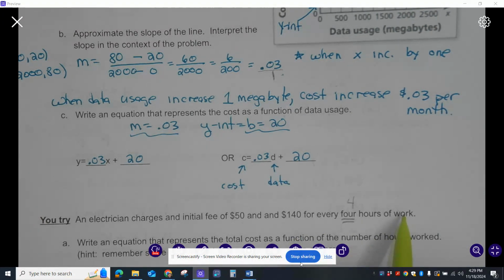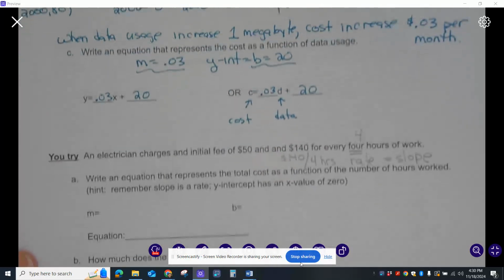That sounds like a rate. $140 every 4 hours. That is a rate. And I want to remind you that rate is the same as slope. So I've sort of really helped you out here.